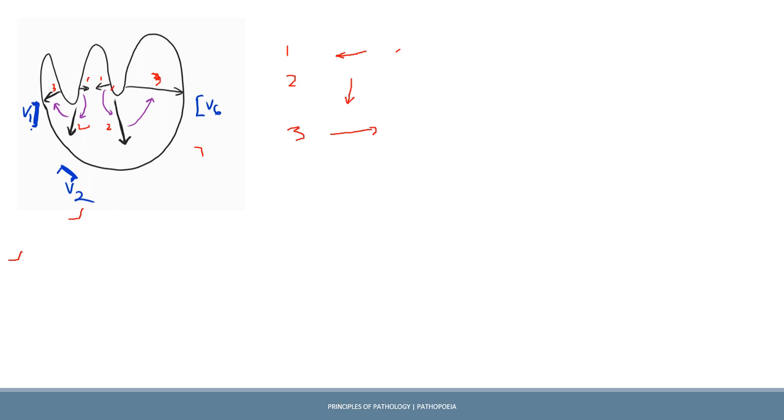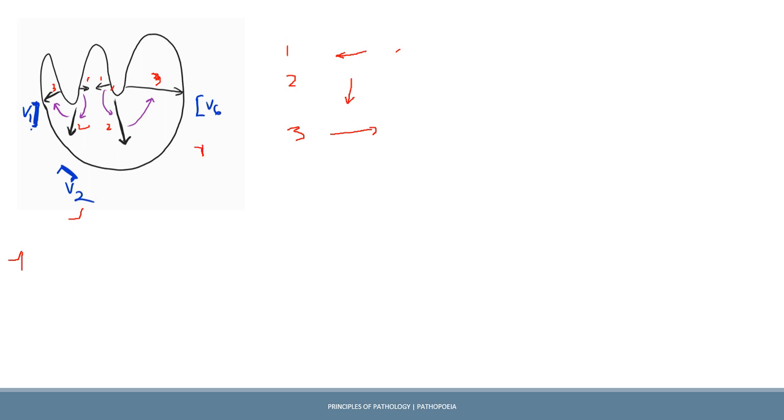No deviation in the case of V1 and V6 because they are perpendicular to this vector, and again the same thing over here.